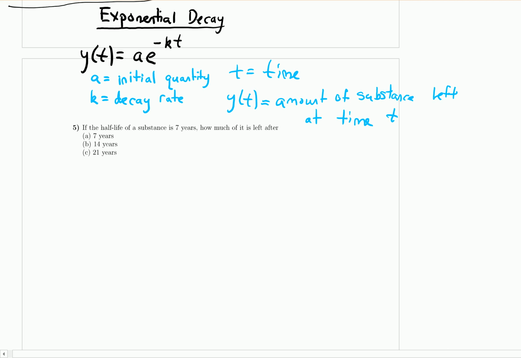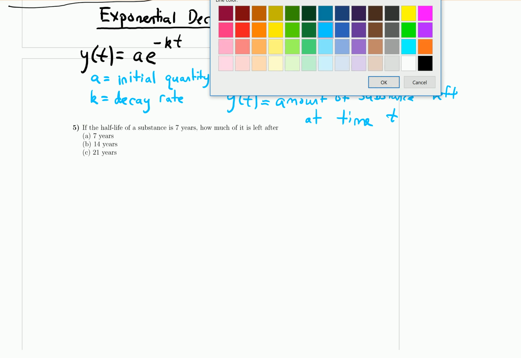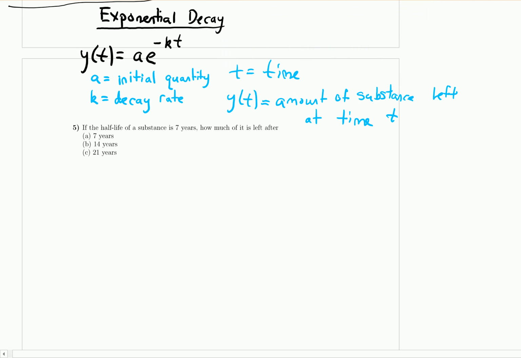Alright, so I want to do an example, but before I do the example, I want to define what's called the half-life.